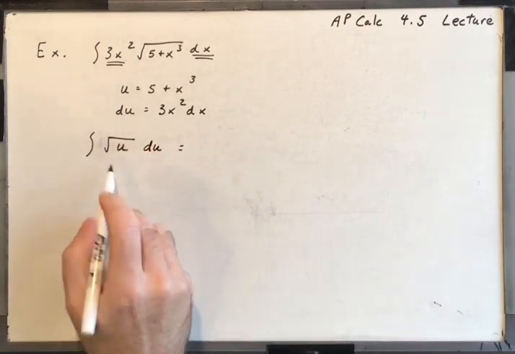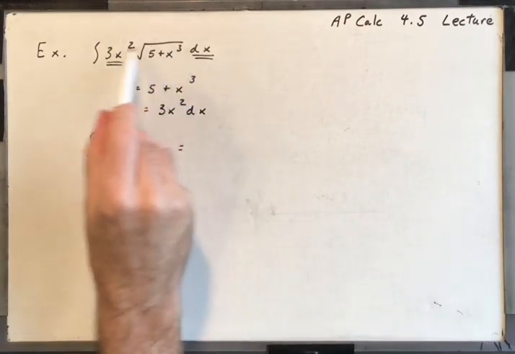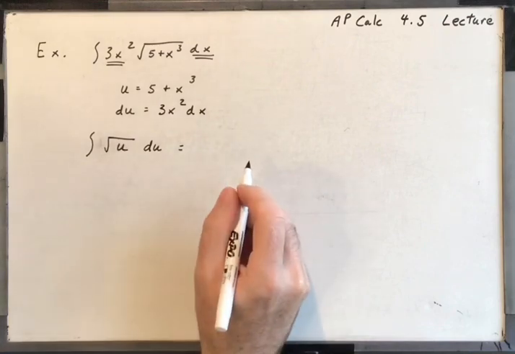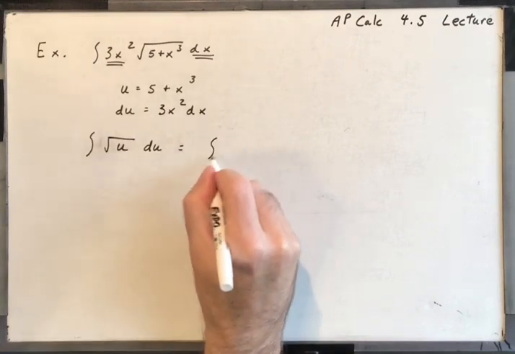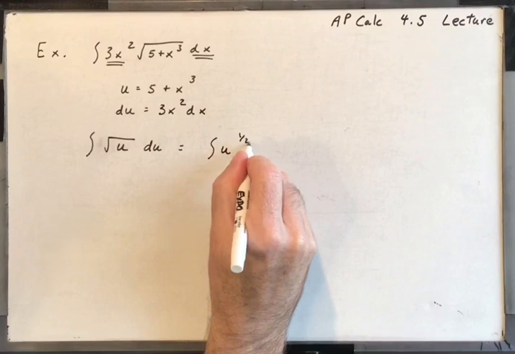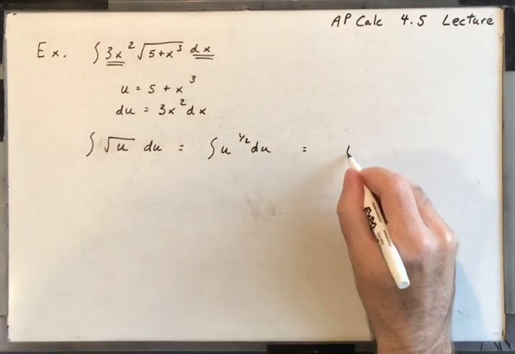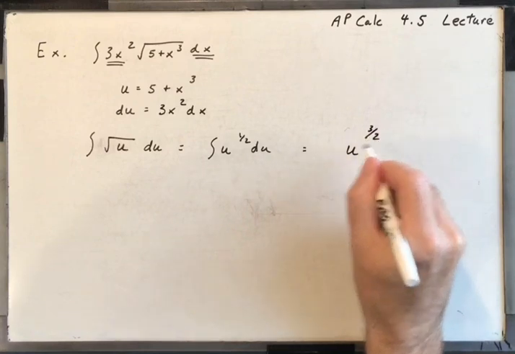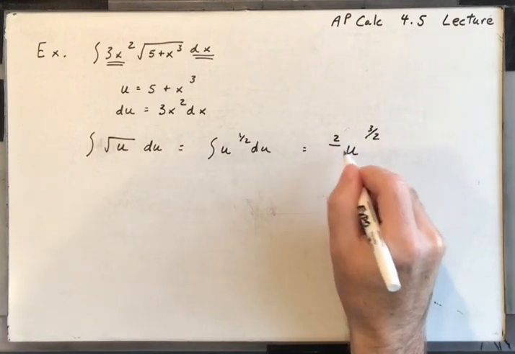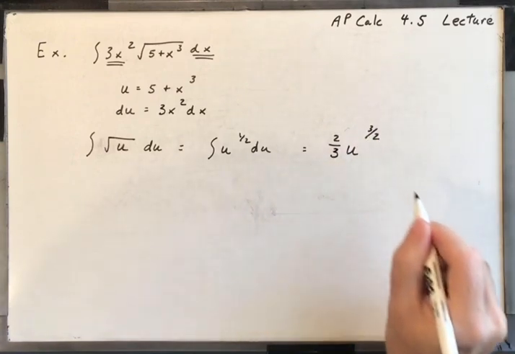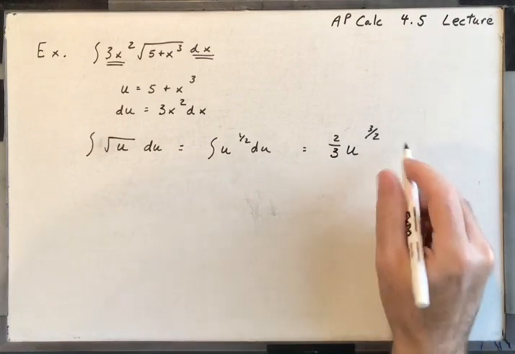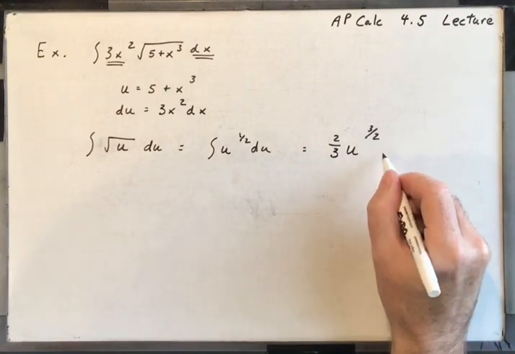See how we simplified that thing? That thing's nasty looking. We simplified it just to that. Well, that's the same as u to the 1/2 du. Let's integrate that. You can do it. U to the 3/2, but we need a 2/3 out front. And then that would be plus c.